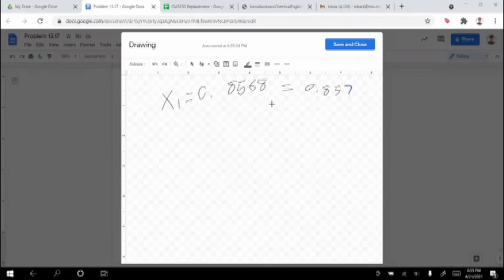Then we want to find the pressure here. The pressure at this point can be found using our x1 and this expression: x1 gamma 1 P sat 1 plus x2 gamma 2 P sat 2.